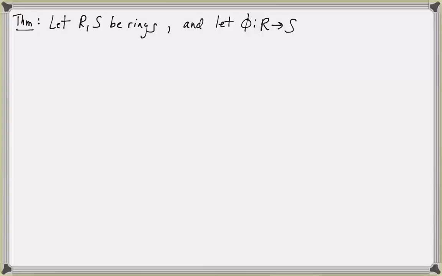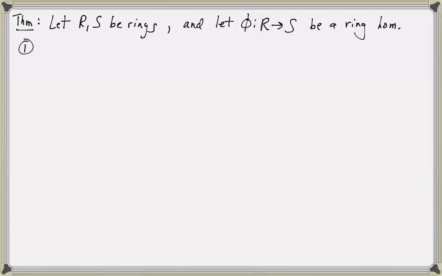Next, we're going to prove some properties of ring homomorphisms. So I'm going to let R and S be rings, and I'm going to let phi be a homomorphism from R to S. We're going to prove 3 facts.